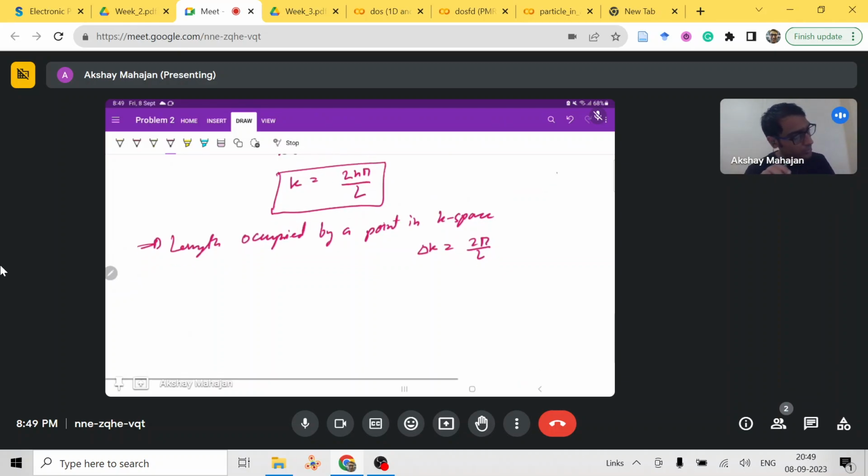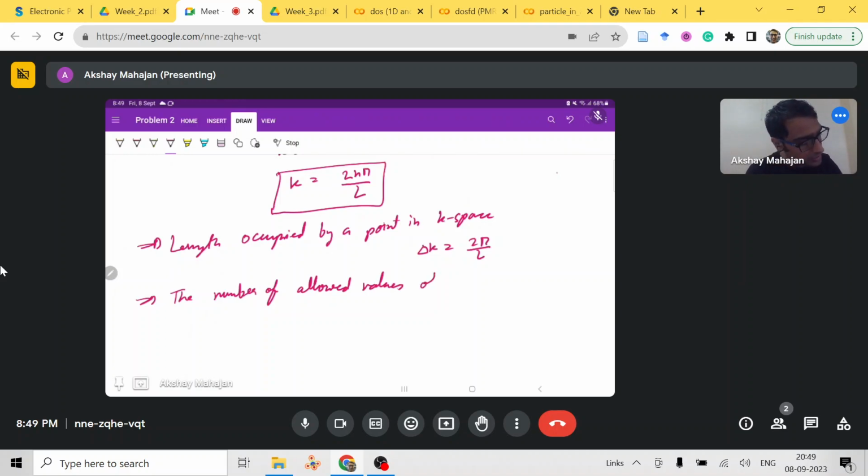Okay, and then the number of allowed values of k in a length gamma will be gamma divided by delta k.